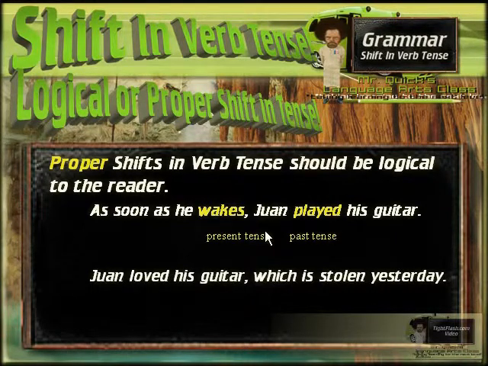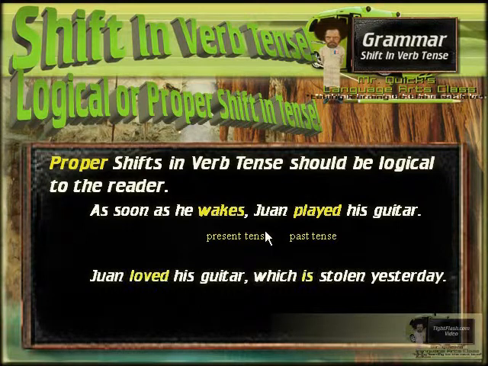That's okay. As soon as he wakes, Juan played his guitar. Played. Yes. You weren't listening to me. I said plays. I confused you. I said plays. You're right, if you had said that, as soon as he wakes, Juan played his guitar.